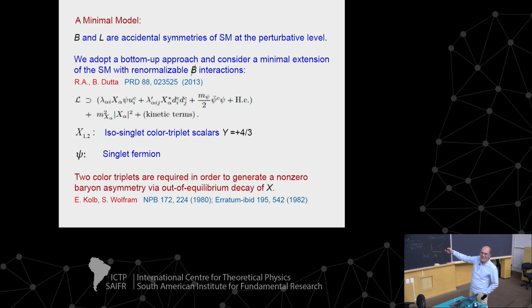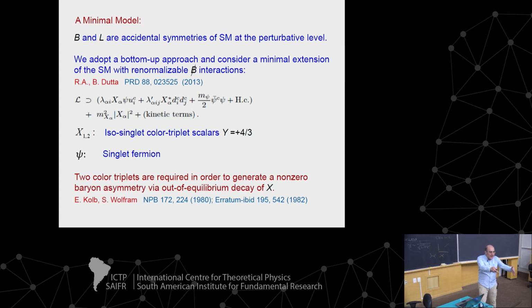So this is the model. We have the standard model plus additional interactions, and we adopted a bottom-up approach: we just add terms that we need for low temperature baryogenesis. We introduce isosinglet color triplet scalars called X, and also a singlet fermion called psi.